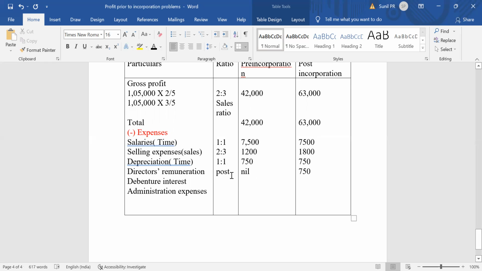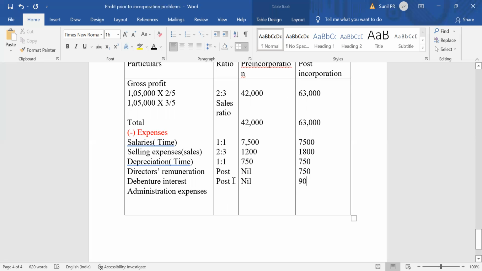Debenture interest 90 is also the same. It is also post, so don't take any amount here. It will be nil. The amount is 90.